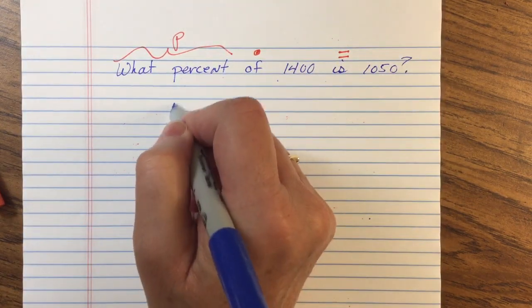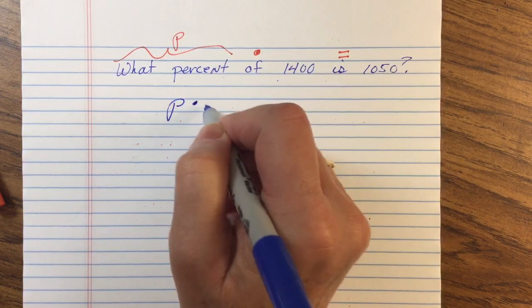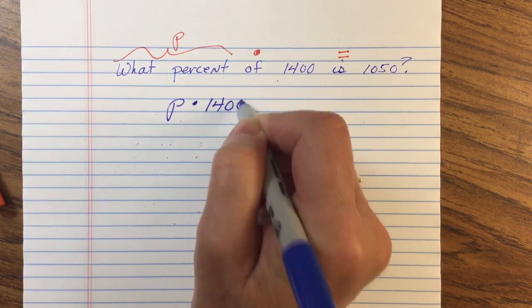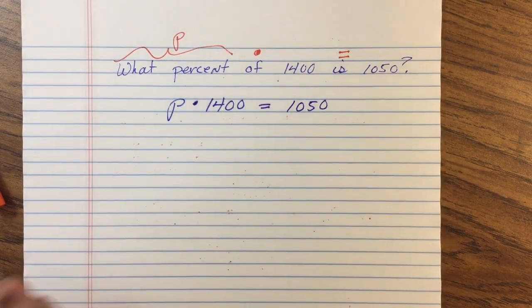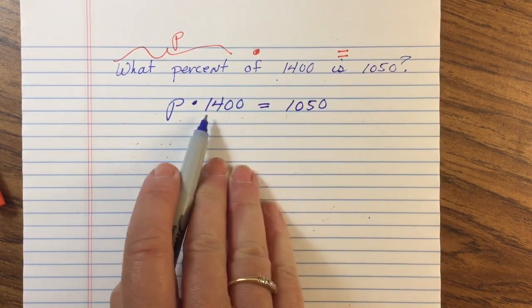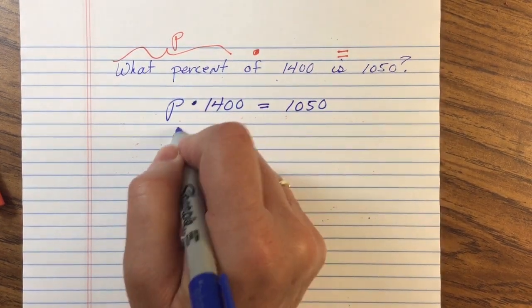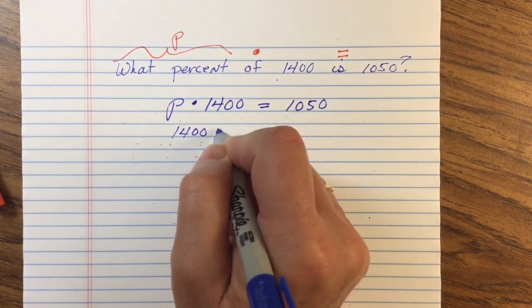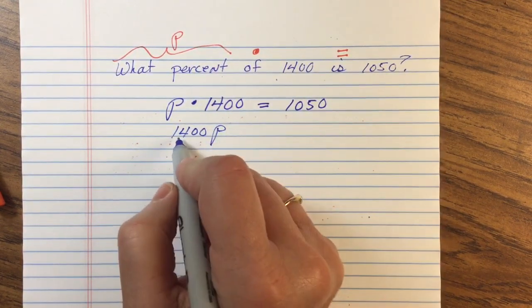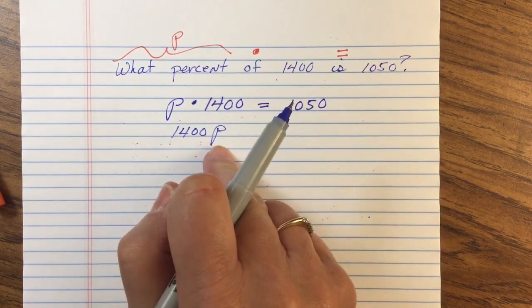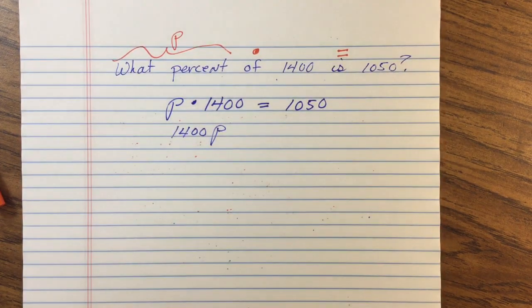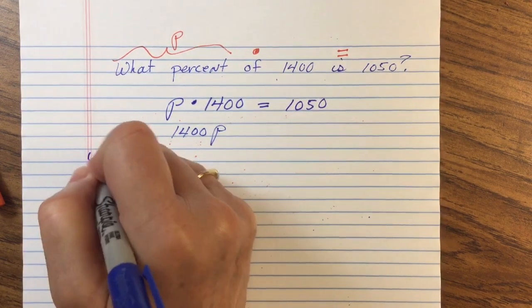P times 1,400 equals 1,050. In algebra, we typically put the number 1,400 before the letter P. 1,400p means 1,400 times p. 1,400 is called the coefficient of p.